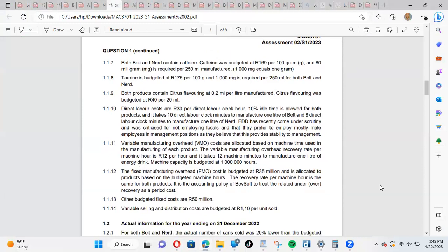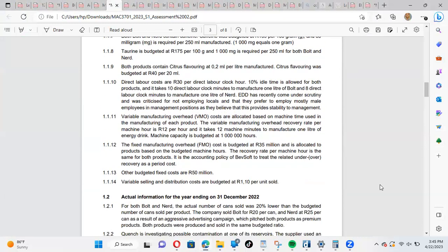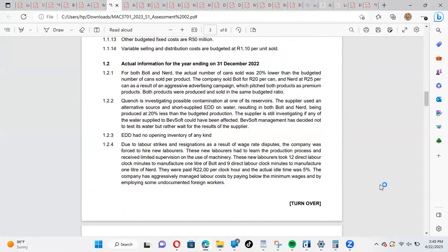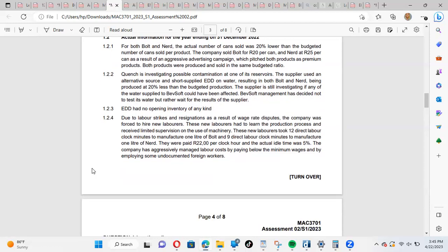So let's see what our water cost is going to be. That's just on the production there. We're not given any costs so far on that, resulting in both being produced 20% less, and they've decided not to test the water. So this is just for the number of units, no opening inventory.